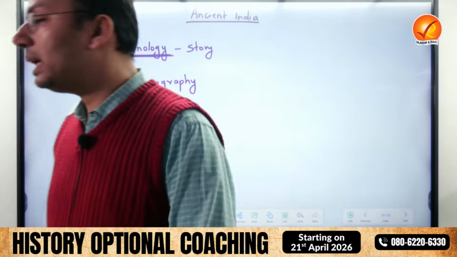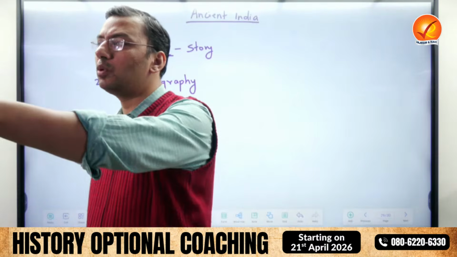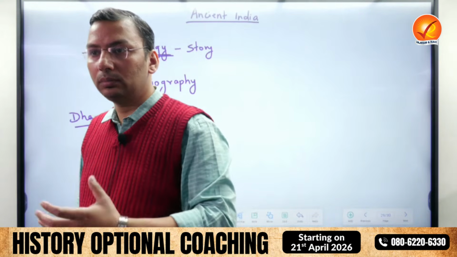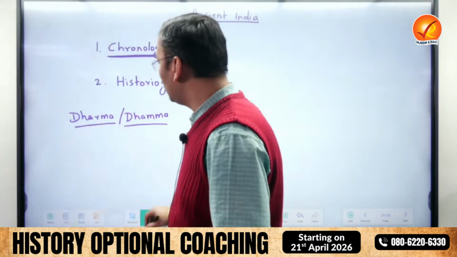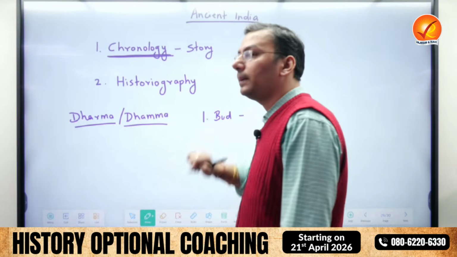Morality. You know, Ashok sent his son and daughter to Sri Lanka to spread morality or Buddhism? He sent his son and daughter to Sri Lanka to spread Buddhism. So one king is sending Buddhism to a foreign country.